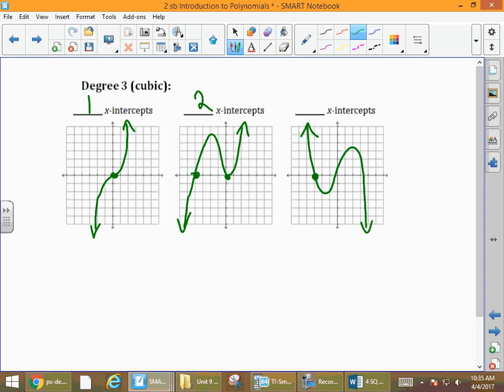We've got an x-intercept here, and an x-intercept there, and an x-intercept there. Again, your pictures don't have to be the same as mine, but these are samples to represent the different x-intercepts, which are also known as roots and solutions and zeros of the function.